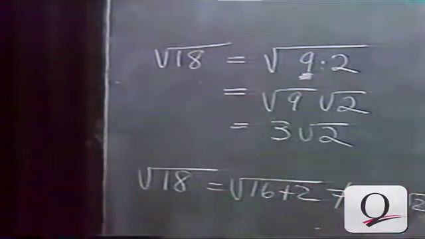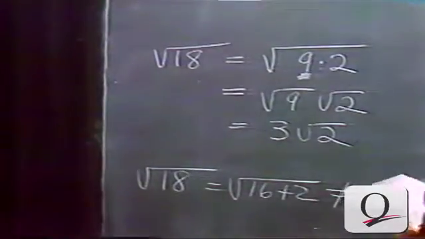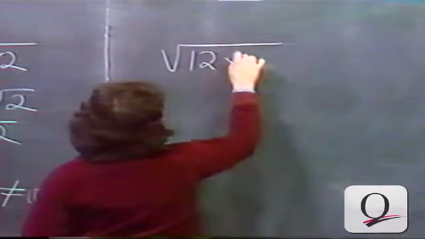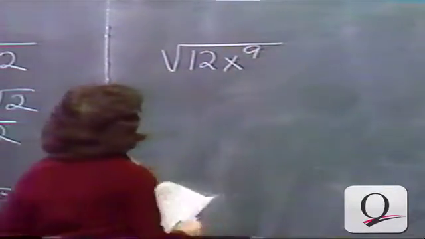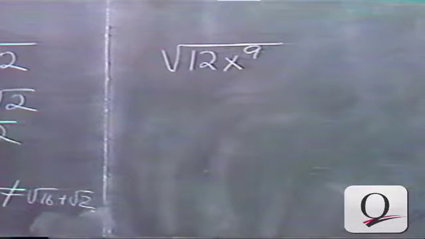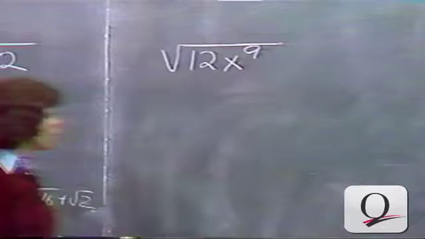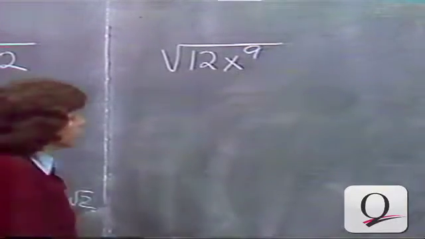Okay, let's try a problem that has constants and variables under the radical sign. How about the square root of 12x to the 9th? If I say just square root, I mean the positive square root. Okay, we're going to try to factor 12x to the 9th.